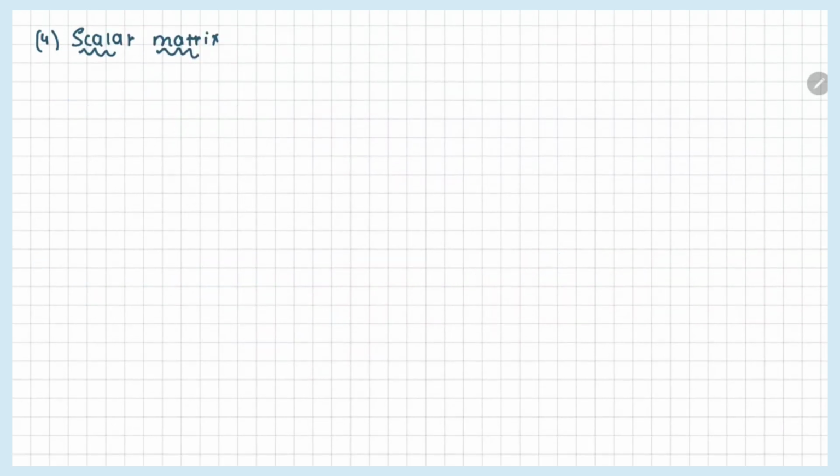Scalar matrix. First I'll give you the definition so that you can understand. A matrix with same number of rows and columns, we call it a scalar matrix. I'll give you an example.